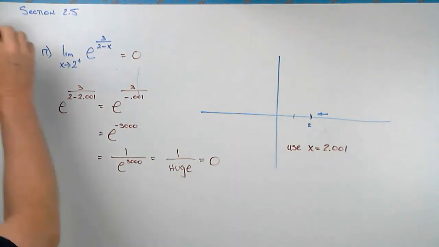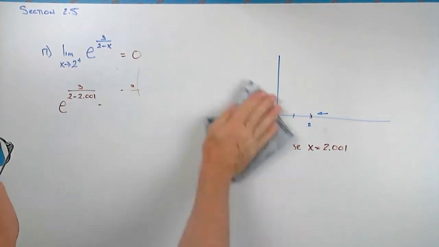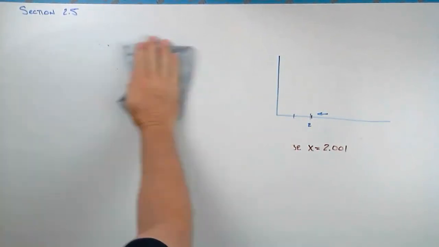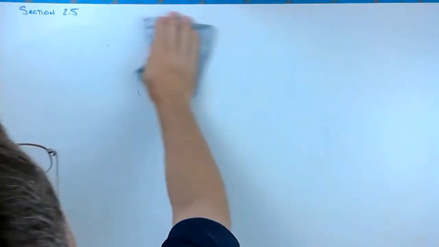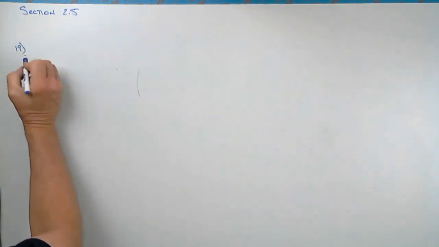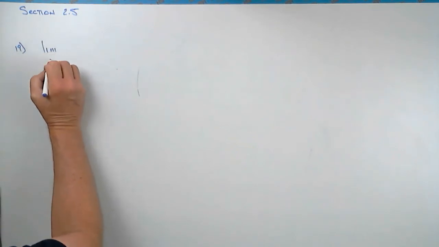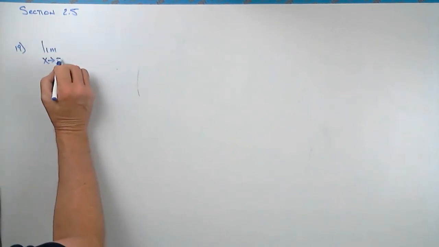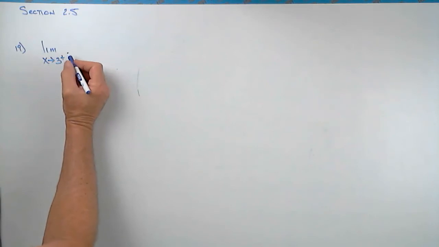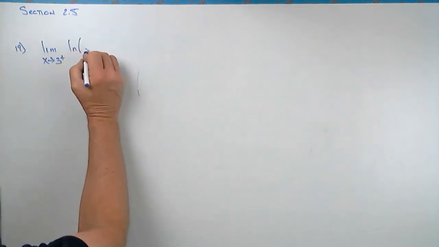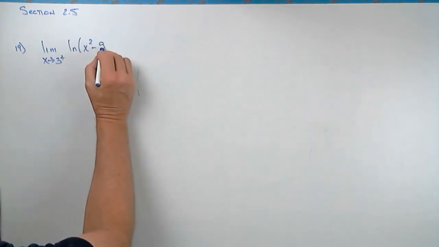And what about something like 19? It involves a log, so let's take a look at that one. All right. 19 says we have the limit as x approaches 3 from the right of the natural log of x squared minus 9.